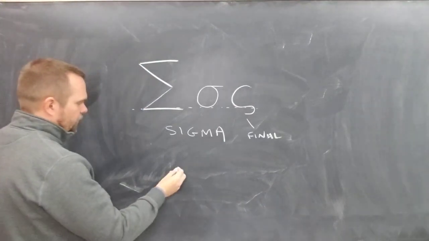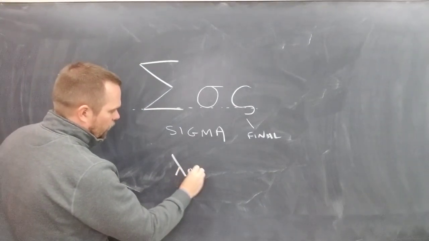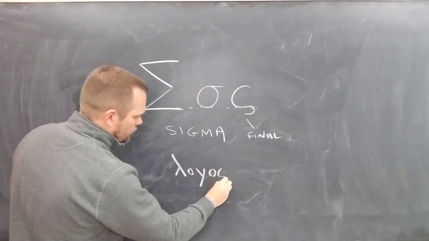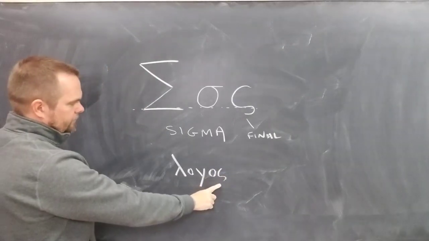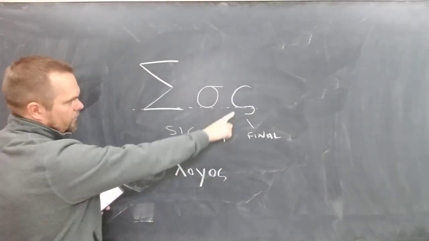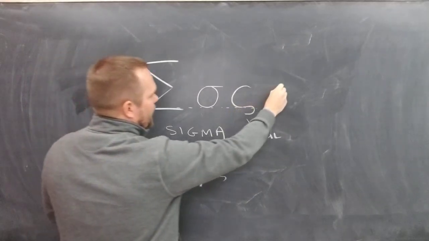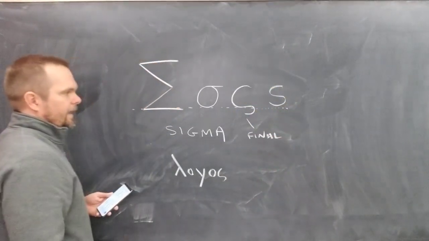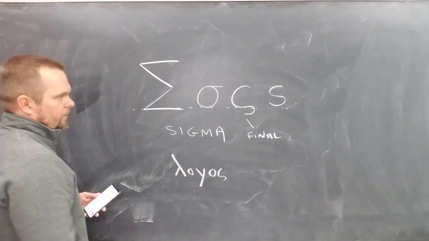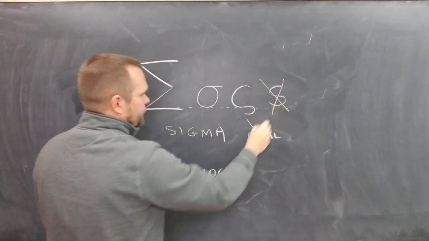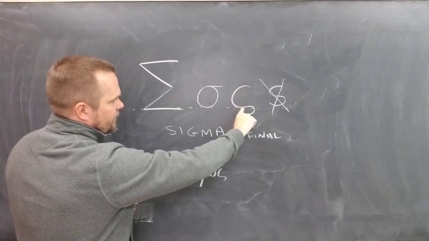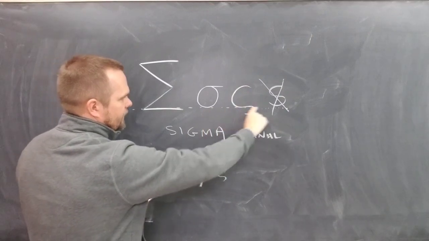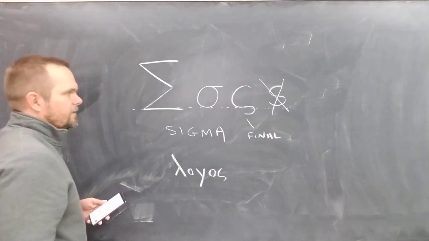So for example, the Greek word logos is written like this. Logos. Make sure you remember that this is not written as a lowercase s. Okay? That's not the right way to write it. It's written like a C with a tail that extends under the baseline.